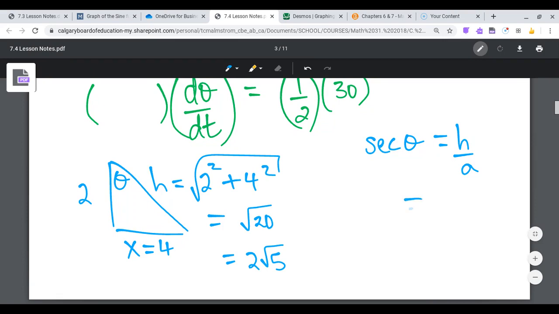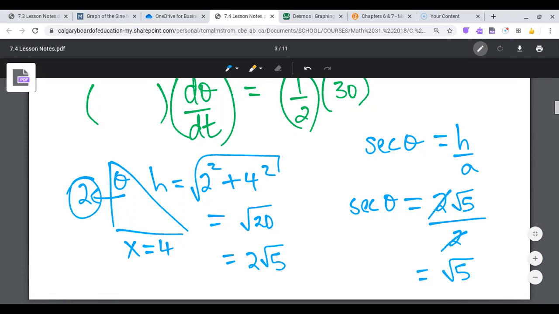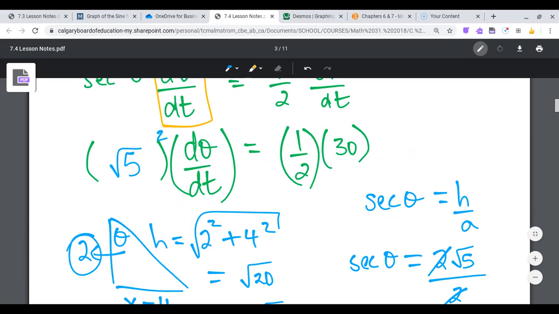So my secant theta ratio will be the hypotenuse, 2 root 5, over the adjacent. The adjacent is 2. Those 2's will cancel, and it leaves me with root 5 that needs to go in as my missing piece, but it also needs to be squared.